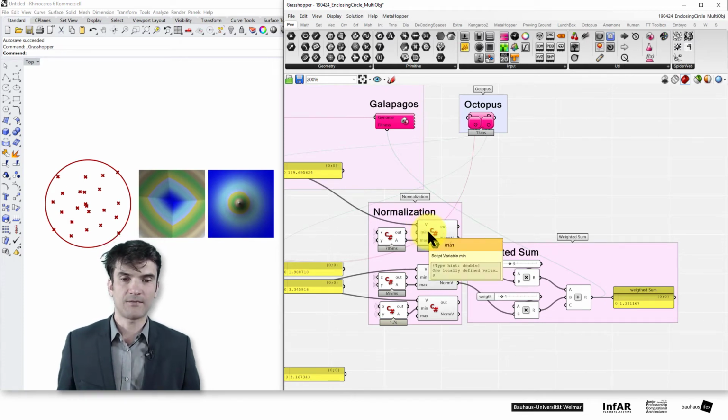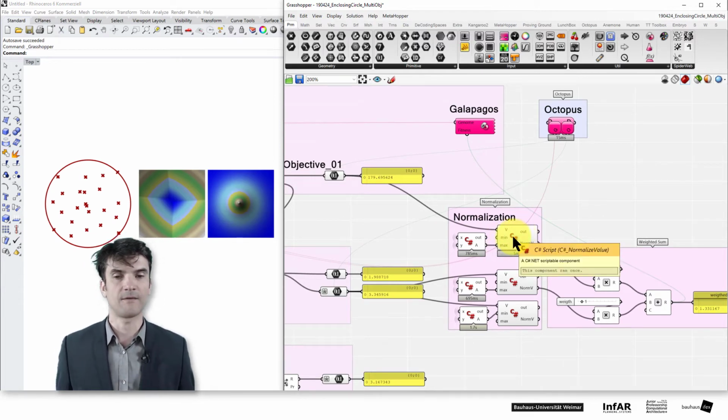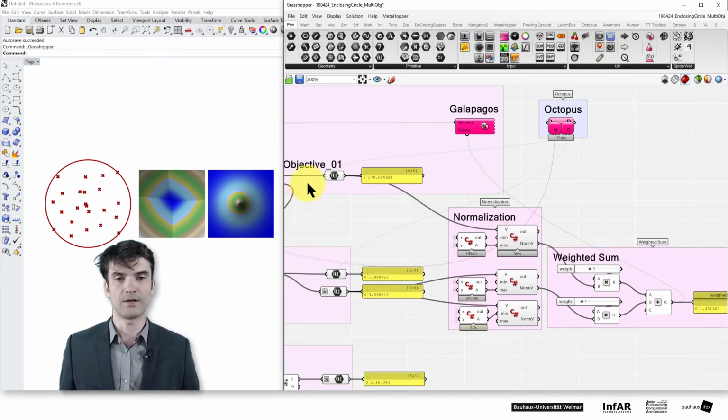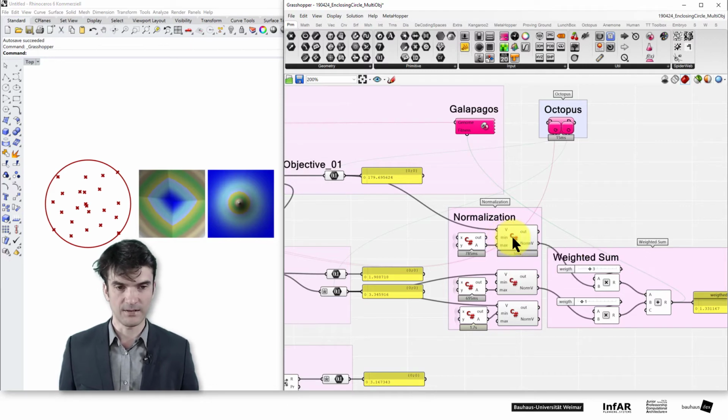It looks a little bit different than the normalization above, where we had a list. Here we only get one value from the optimization in the Galapagos version, and we need to define the minimum and maximum values on our own in the script.